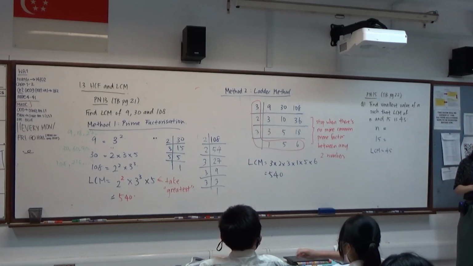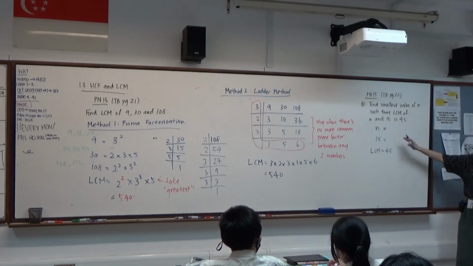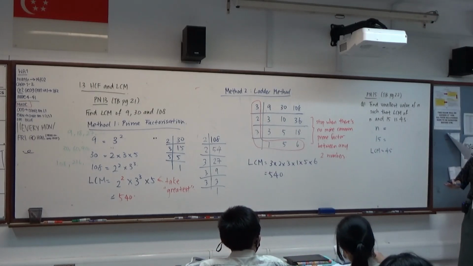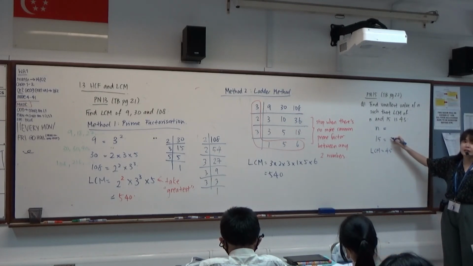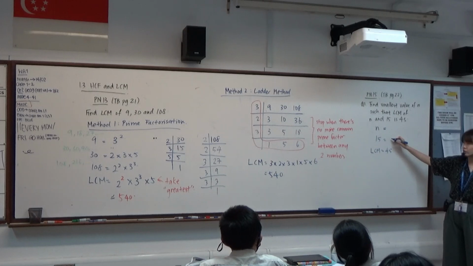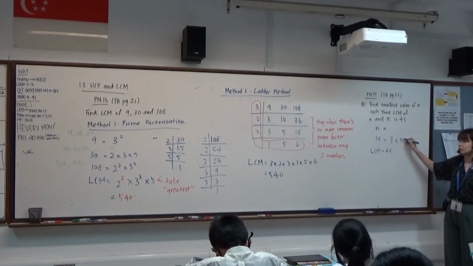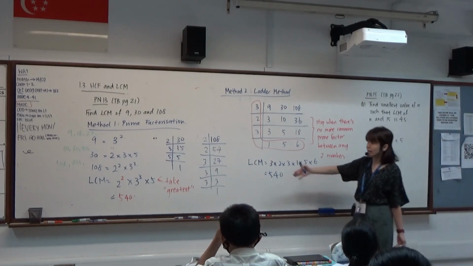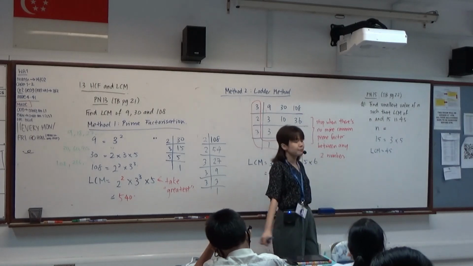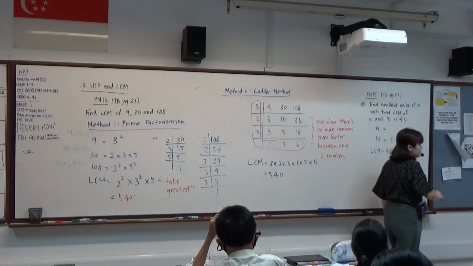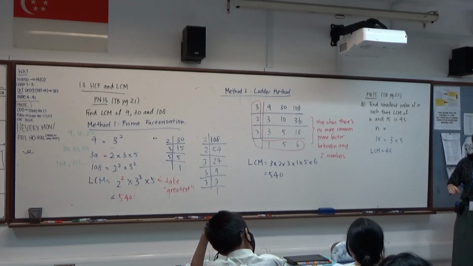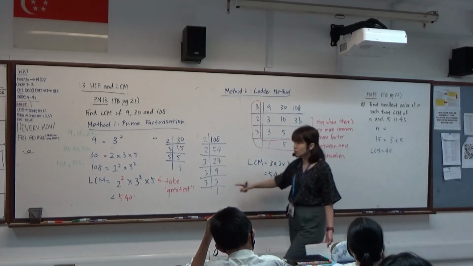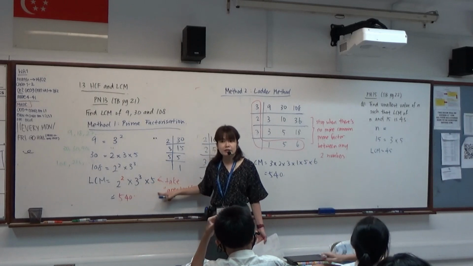But for 15 itself, you need to do your prime factorization, and 15 will be 3 times 5. That one's straightforward, don't really need to do this lengthy stuff. Now 45. How do we usually get 45 for our lowest common multiple? We always have to list it out in this manner first.